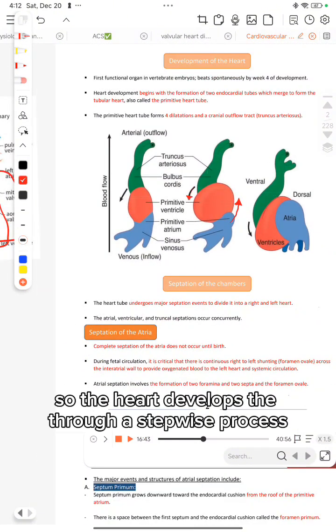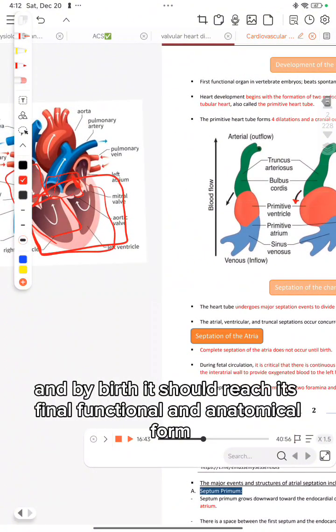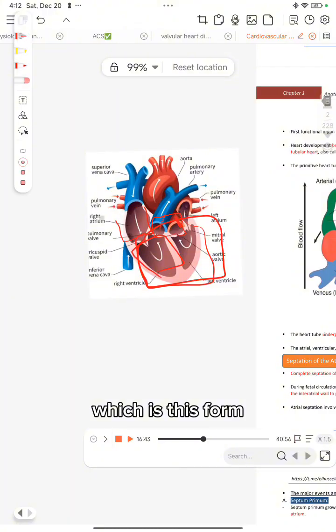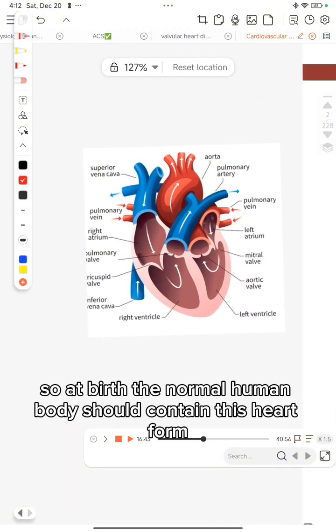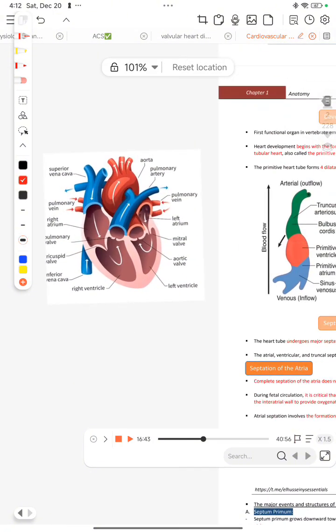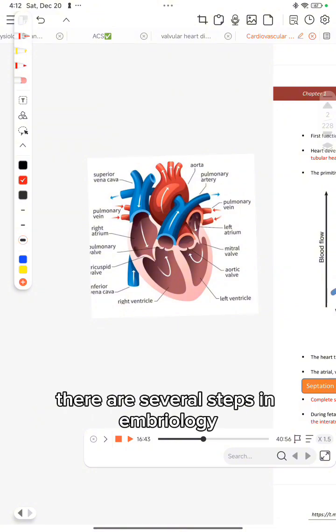So the heart develops through a stepwise process, and by birth it should reach its final functional and anatomical form, which is this form. So at birth, the normal human body should contain this heart form. And in order to reach this form, there are several steps in embryology.